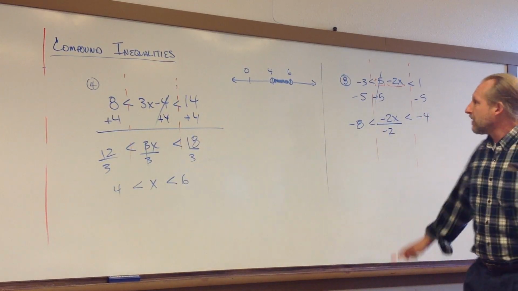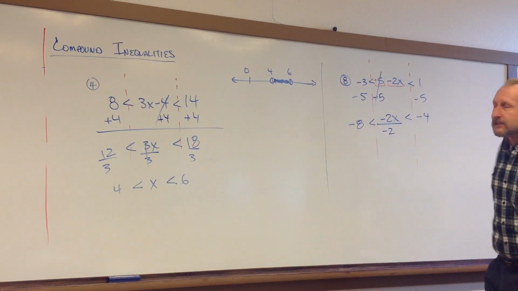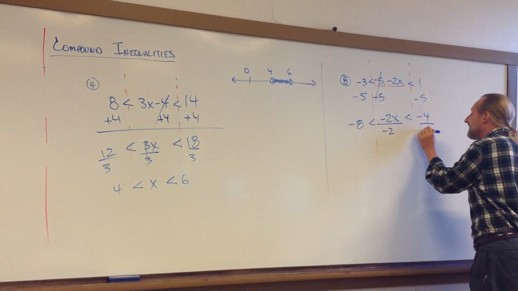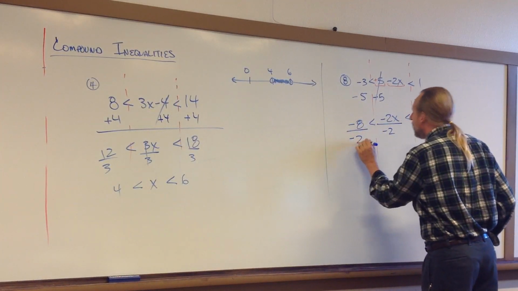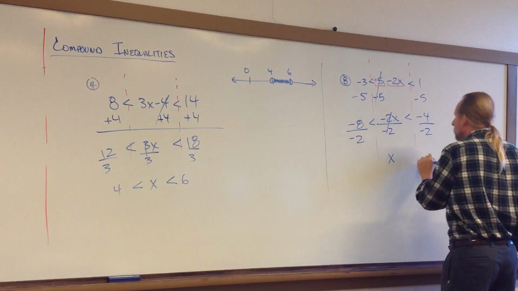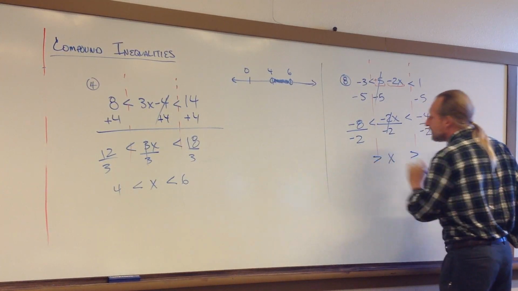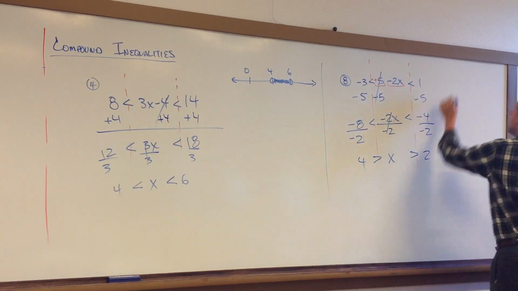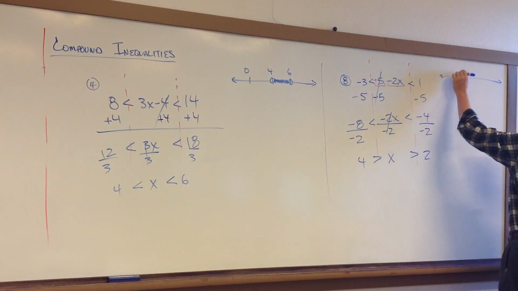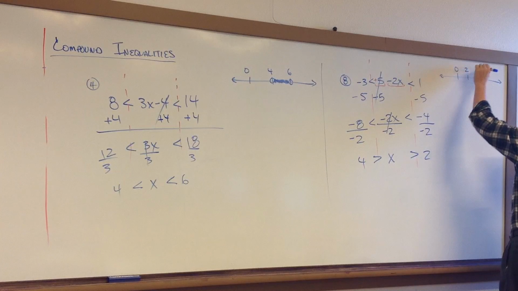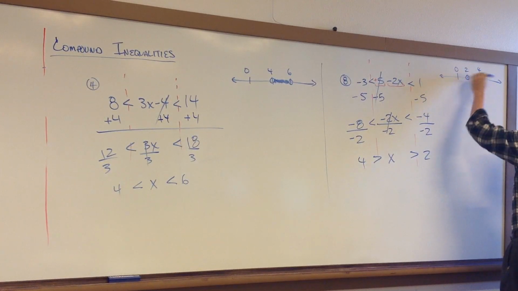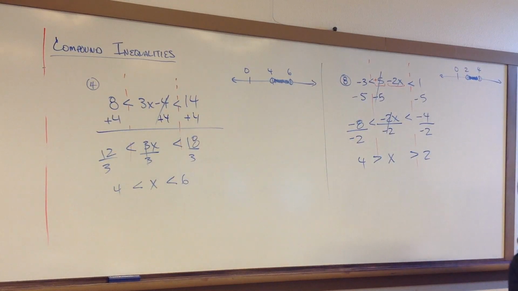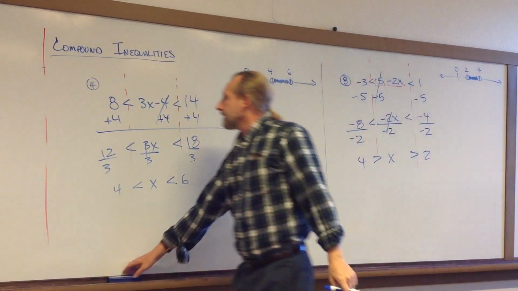So, remember to divide in 3 places by -2, and also, we're dividing by a negative number. That's going to flip these around. This will be 4, this will be 2, and this says our x should be between 2 and 4, greater than 2, and at the same time, less than 4.